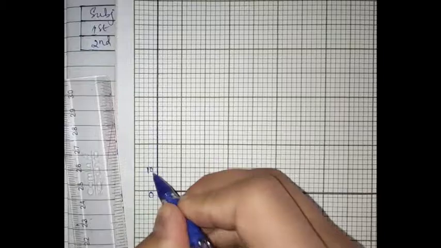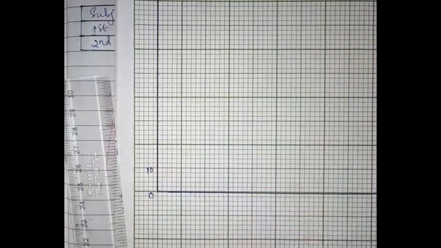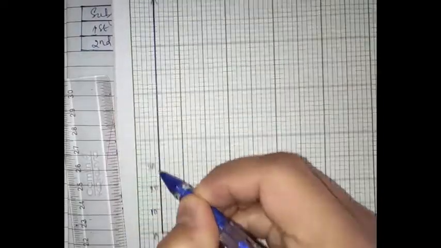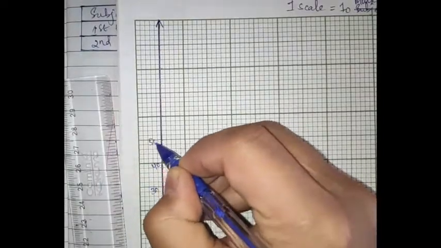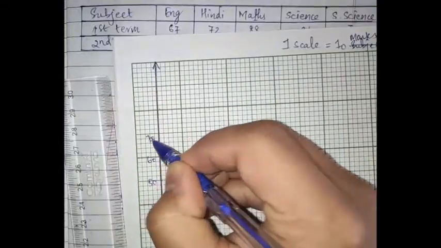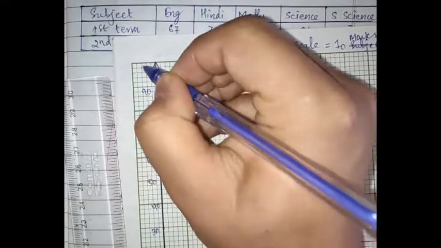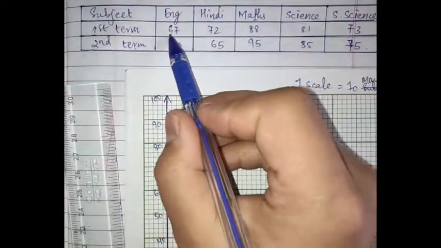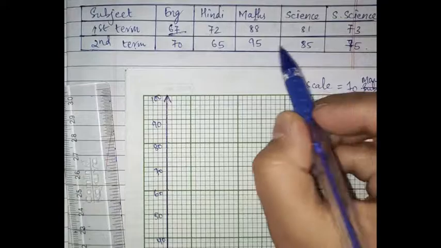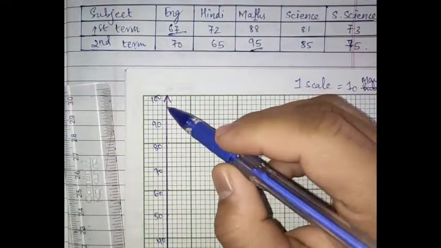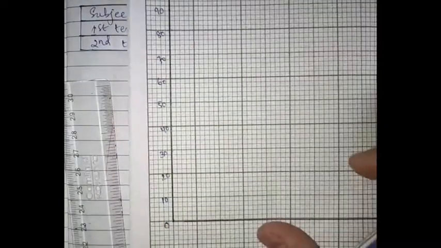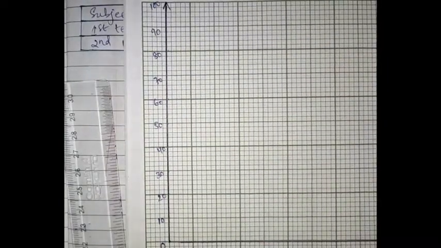Starting from 0 here, 1 unit will represent 10, then 20, 30, 40 marks, 50, 60, 70, 80, 90, and the maximum will be 100, because our smallest number here is 67, and the maximum is 95. So it can be adjusted in between 0 to 100, right? So we can do this.